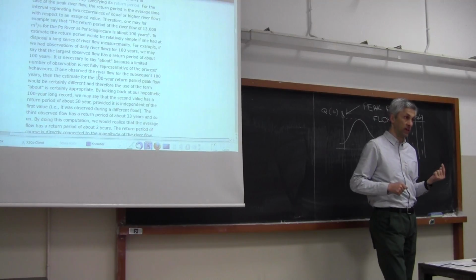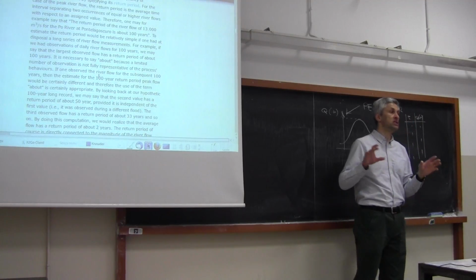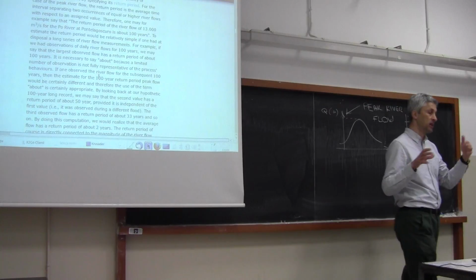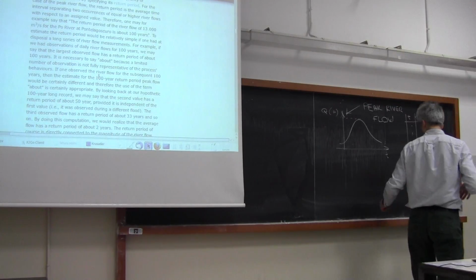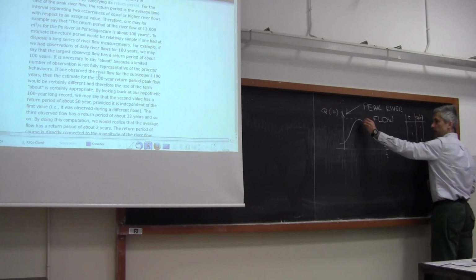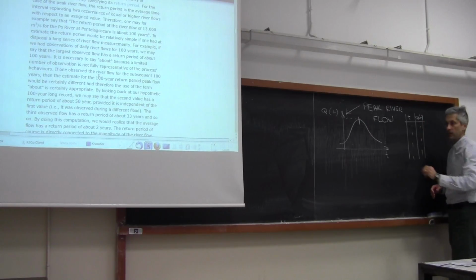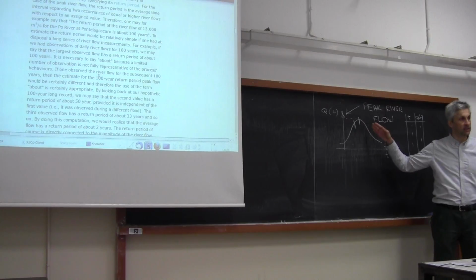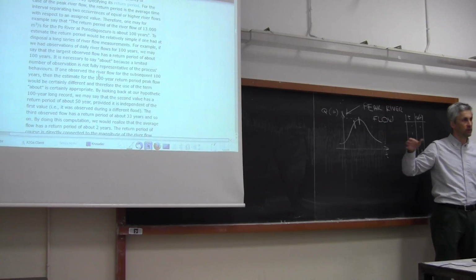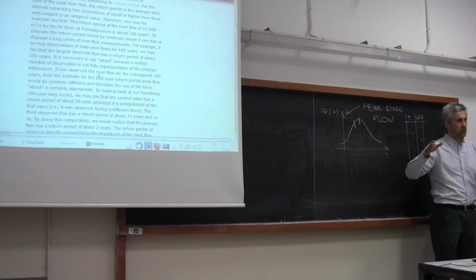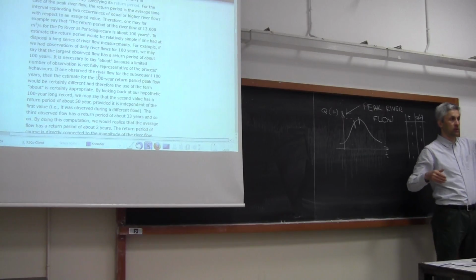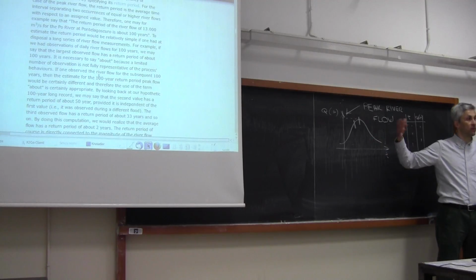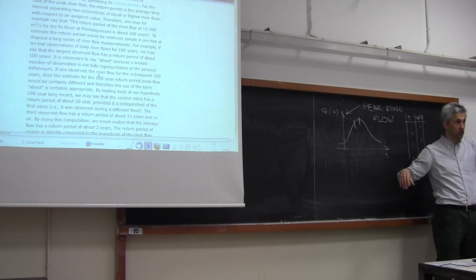And the second value then, provided it is independent. Independent means related to another flood. Because of course, if you have one flood, you may have a daily river flow observation here, but another daily observation here, maybe. So these are dependent. It's the same flood with two observations. So in order to get the second event, you have to refer to another flood.